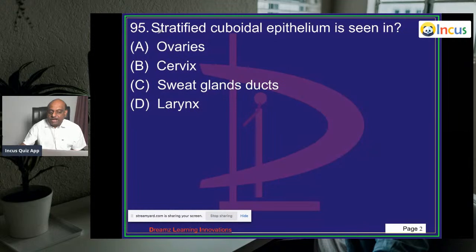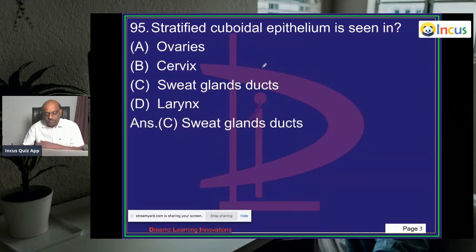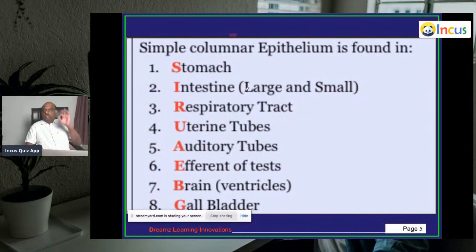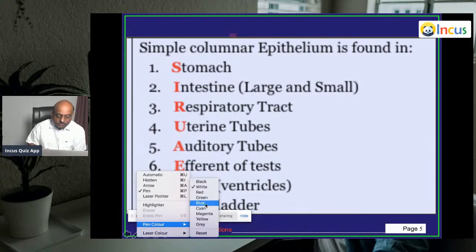Now, stratified cuboidal epithelium, where do you see it? Typically in the sweat gland ducts. So, where do you find different types of epithelium is a favorite question of the examiner. You have to be 100% sure about it.